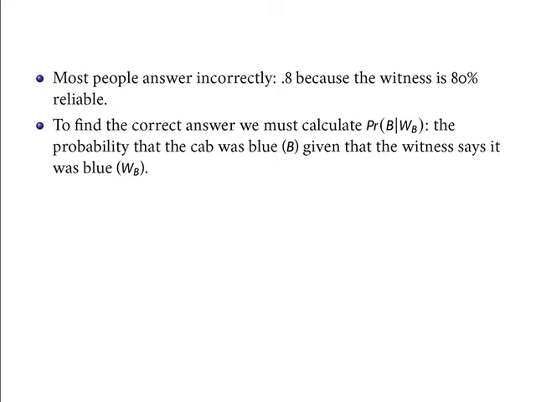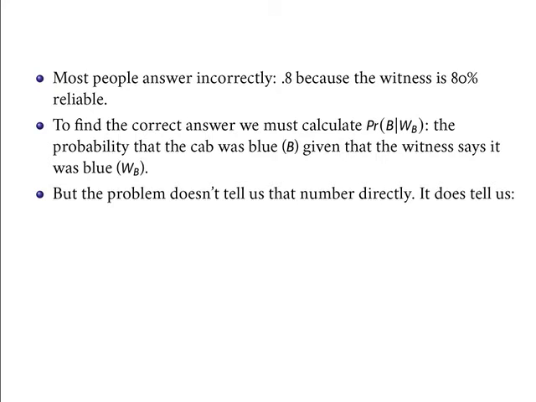So to find the correct answer, again, what we're being asked is, what is the conditional probability of the cab being blue, which here I have symbolized as blue, given that the witness said it was blue, which I symbolize with W subscripted with B. So the witness says it's blue. What is the probability, again, that the cab was blue, given that the witness says it was?